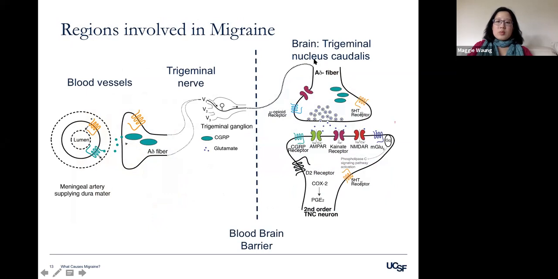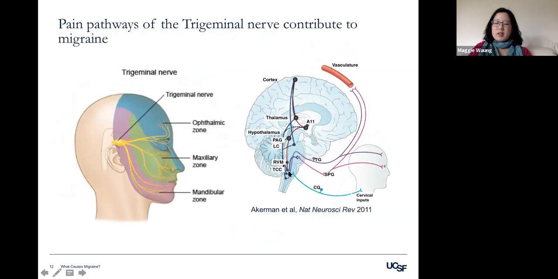To bring together what I've talked about, we talked about blood vessels that we think probably aren't necessarily causing the pain of migraine, but we do see some changes in the blood vessels, and these blood vessels are connected to the trigeminal nerve, which receives pain information from the face and head, and then goes to the trigeminal nucleus caudalis that I illustrated here.